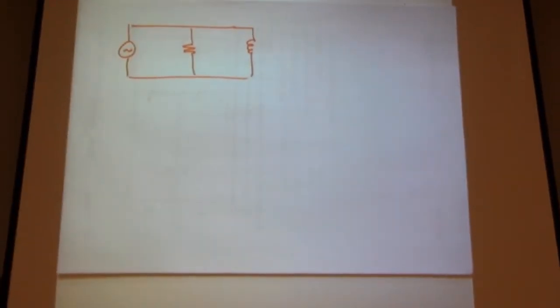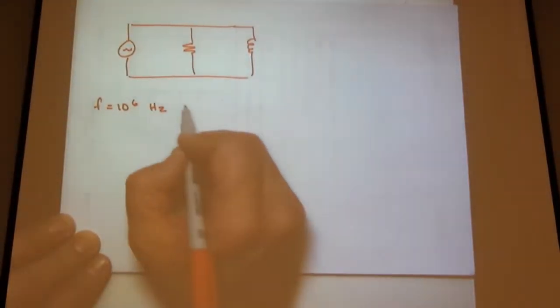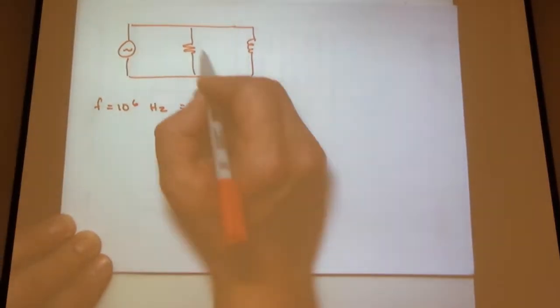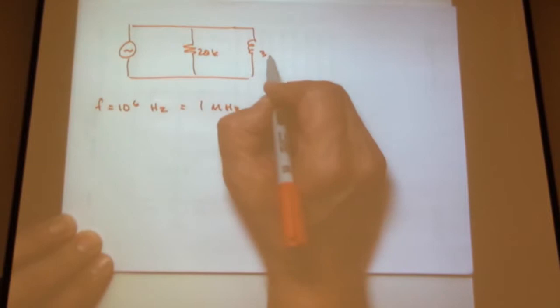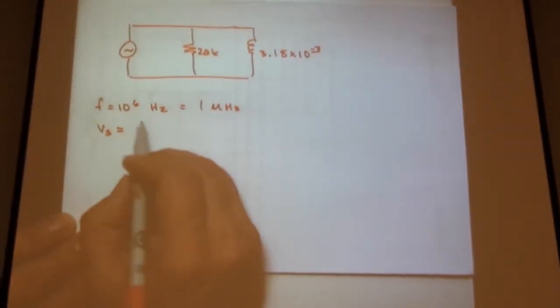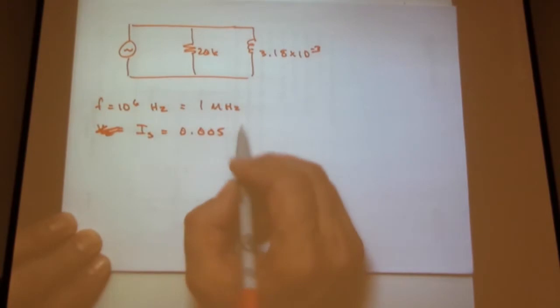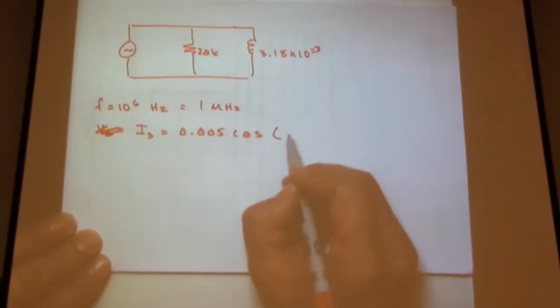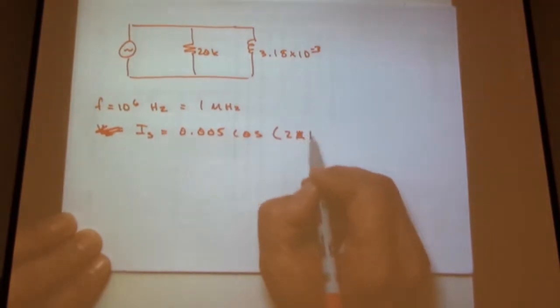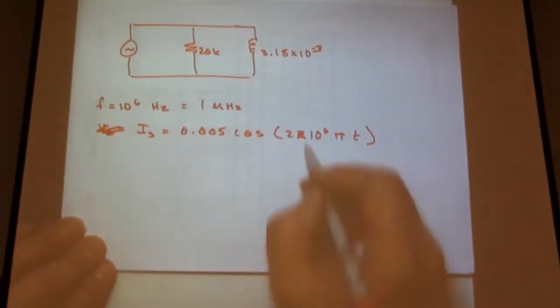This is on the next page. That's supposed to be a multiplier.